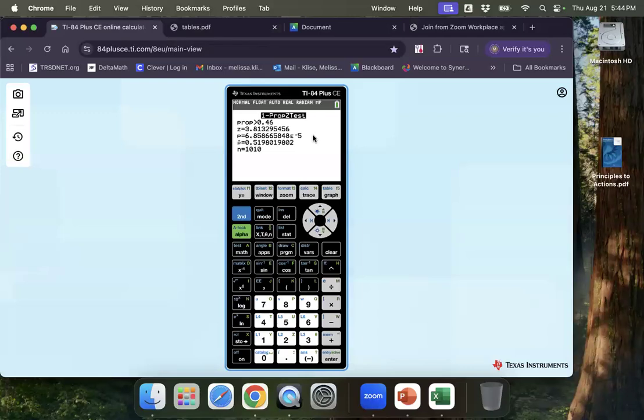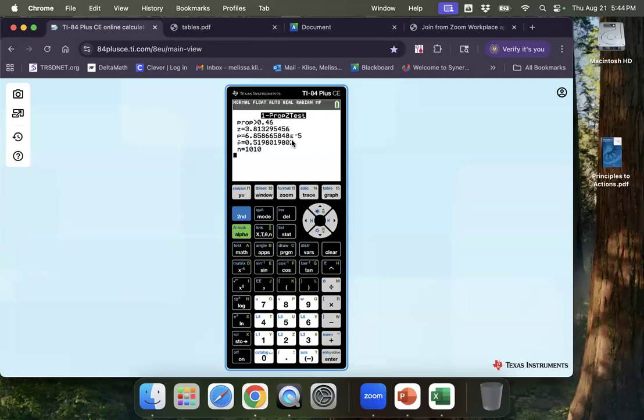My p-value, remember when I think I talked about this before, maybe I didn't, if it has this e -5 at the end, this is scientific notation. It is telling me to take this decimal and move it to the left 5 places. So when I move it over, I have 4 zeros and then 6.8. I'm going to round to 6.86.